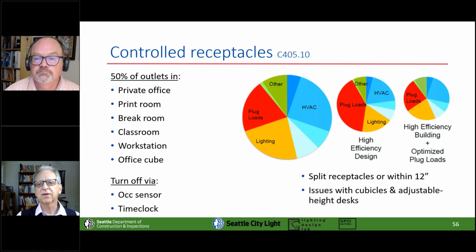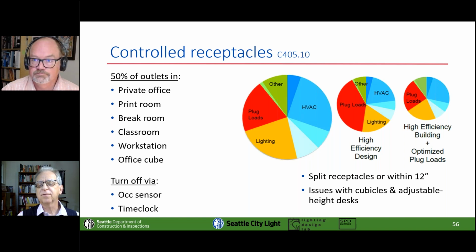Controlled receptacles, another thing that everybody loves. You have to have half the outlets in that list of rooms on the left be controlled to either turn on and off with an occupancy sensor or with an automatic time clock system.